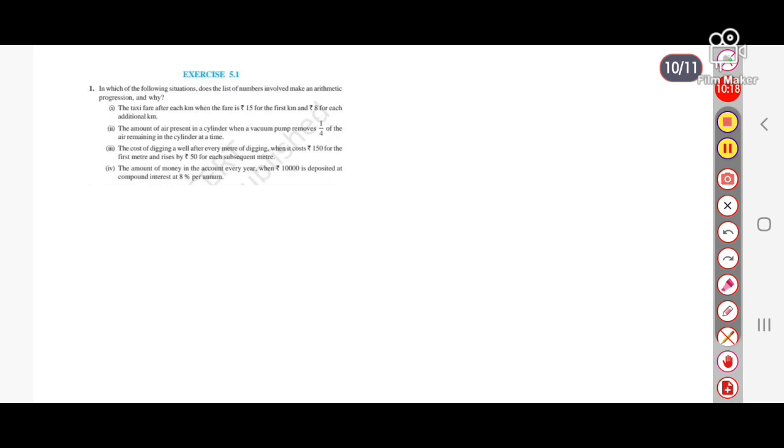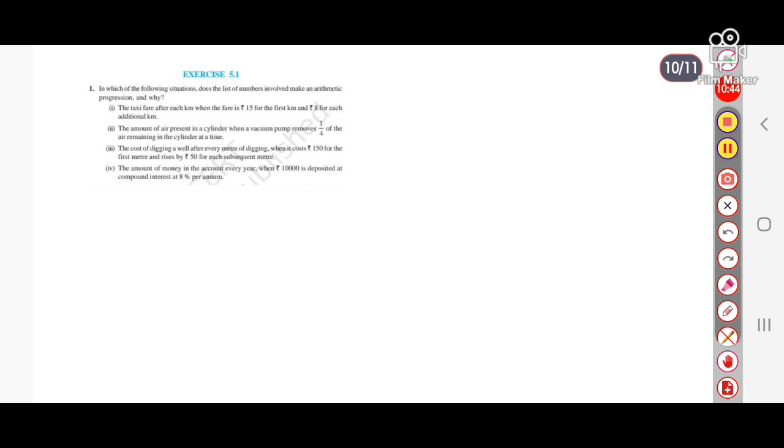We need to understand what they have given and tell whether the sequence forms an AP or not, and they are also asking the reason why. Whenever, in every question, they ask the reason why it doesn't form an AP or why it does form an AP, that's what they will ask as the question why.